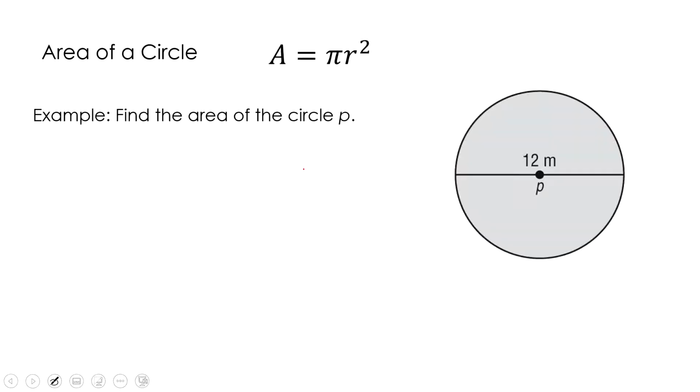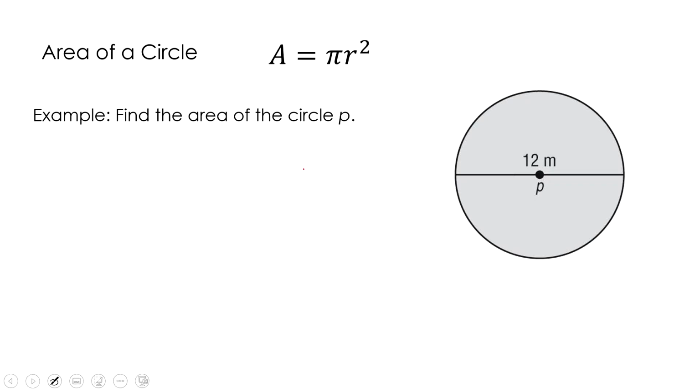Okay, and then what we worked on yesterday, the half day, was finding areas. Again, remember, if they don't tell you they want it rounded, always assume and always just give them the answer in terms of pi. Our example here is find the area of the circle P. They don't tell us to round it, so I'm going to give it in terms of pi.